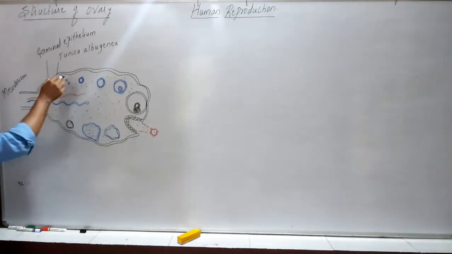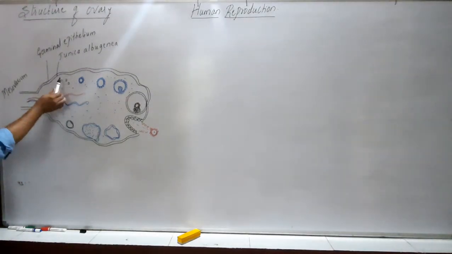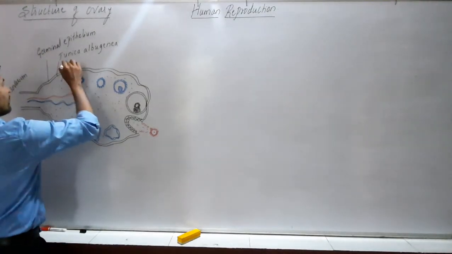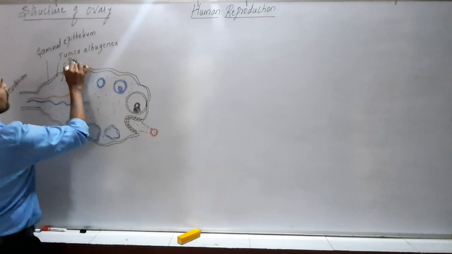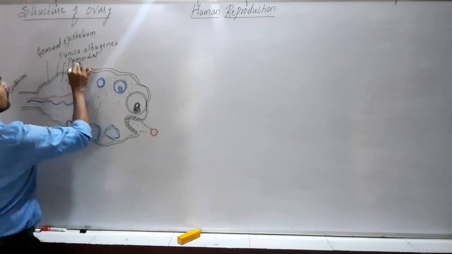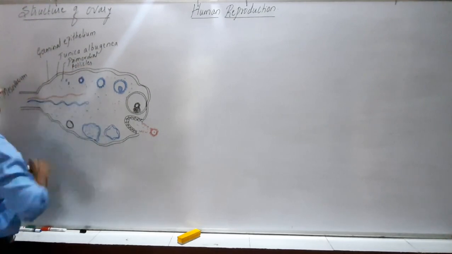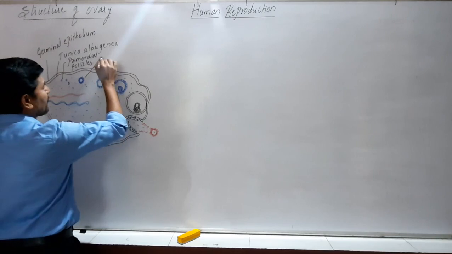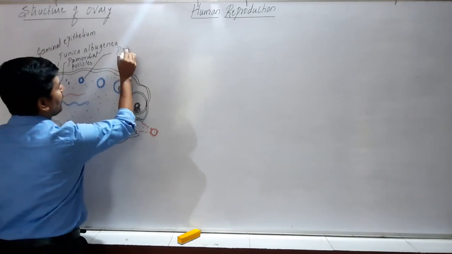And here we have certain follicles, which are the growing follicles, and we call them primordial follicles. Out of this, it develops into the primary follicle.